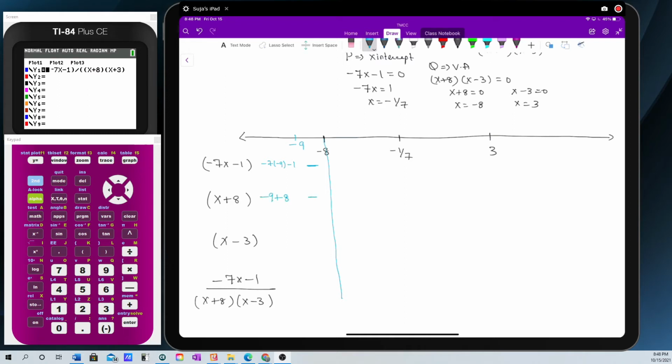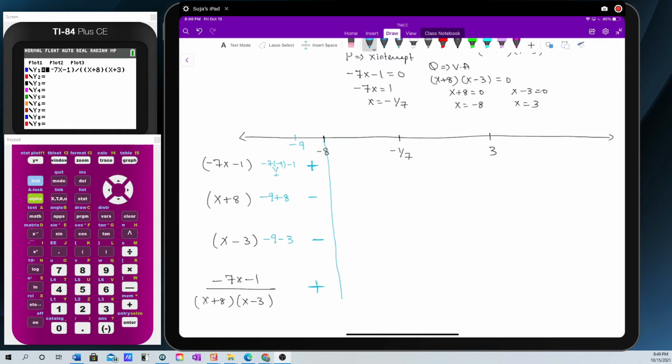If I do negative 9 minus 3, I'm going to have a negative number. So if I multiply 3 negatives, I will end up with a negative number. Okay, I made a mistake here. Negative 7 times negative 9 will be a positive big number. So I'll end up with a positive number.